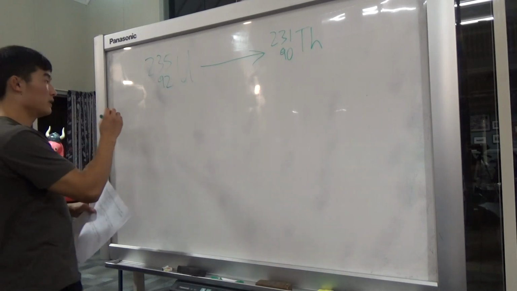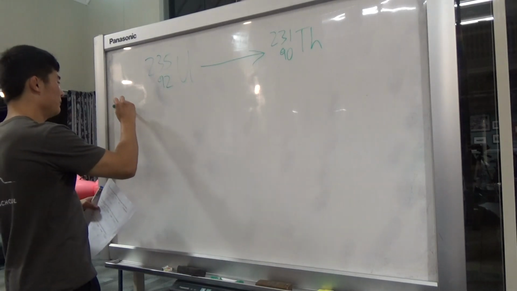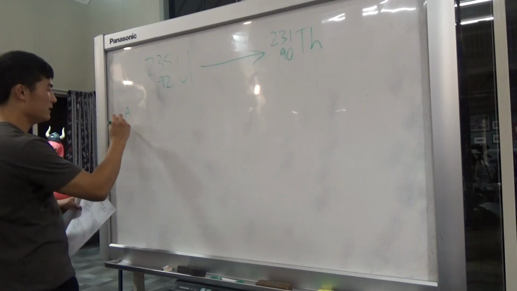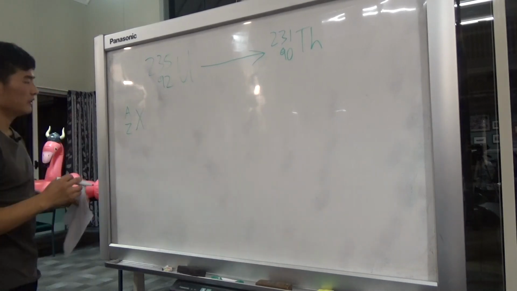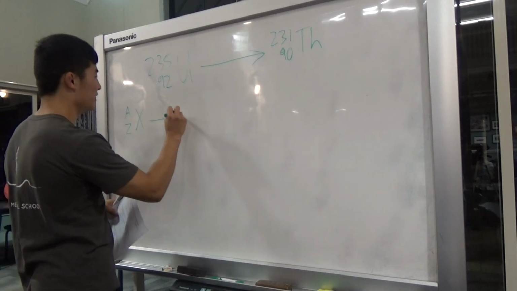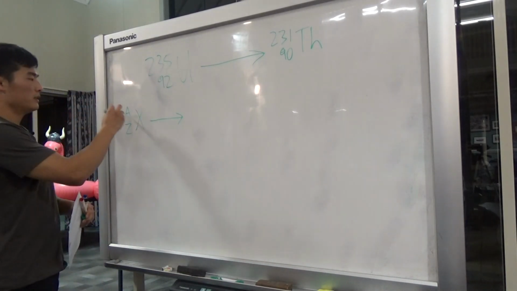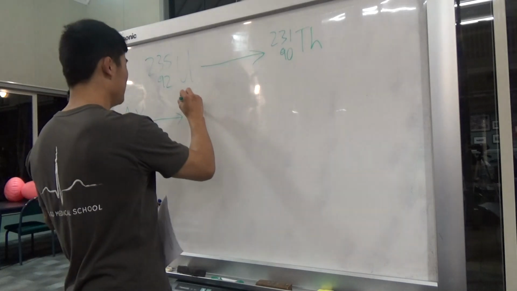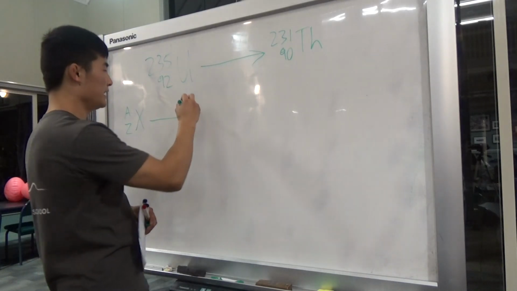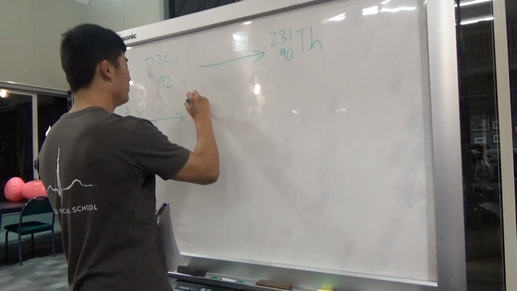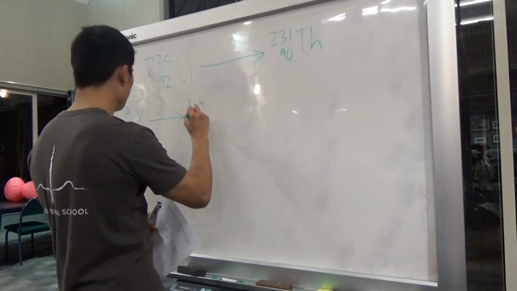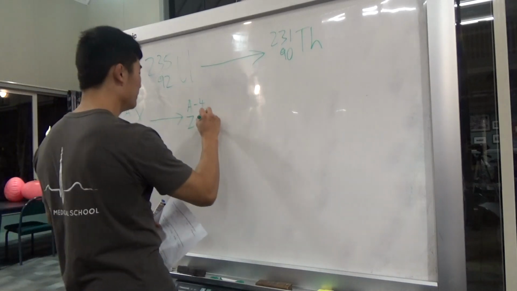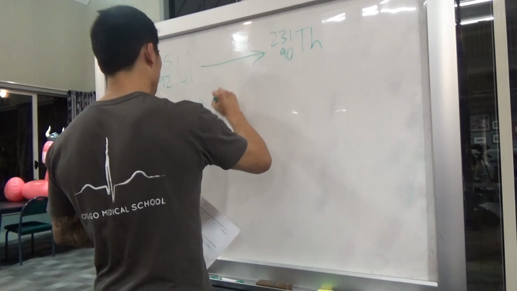Okay, so if you look at the mass number and the atomic number, what's happening is that the mass number is decreased by 4, so A minus 4. And the atomic number is decreasing by 2, right? And it's turning into a new element.